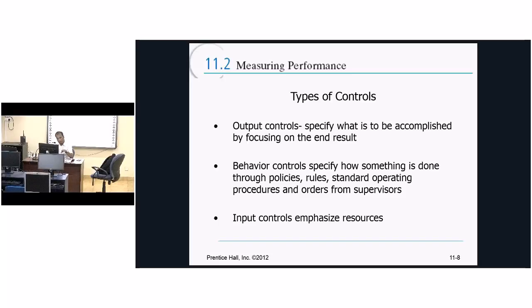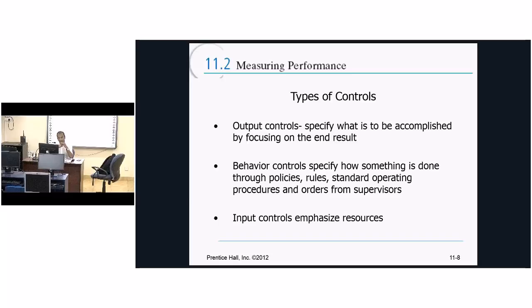The moment you deviate from the set procedure, you will have quality issues. So in the production flow, you have a standard way of operating, which is standard operating procedures, and the moment you deviate from that, you will have quality issues, you will have rejects. So one way to control your output is having behavioral control through standard operating procedures, orders from supervisors, etc.